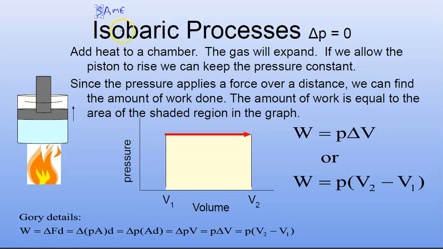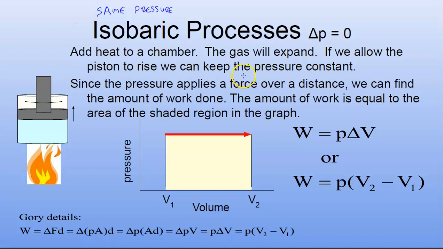And baric refers to pressure. When we look at a barometer, we're reading the pressure, or if we talk about the barometric pressure today. So same pressure. Delta P equals 0. My pressure didn't change, so there is no change of pressure, right?